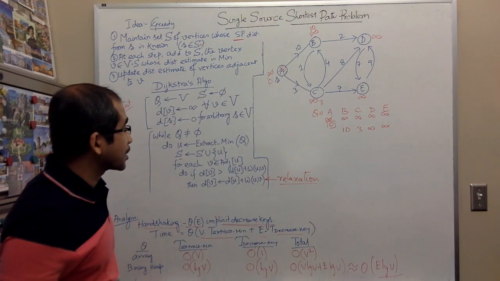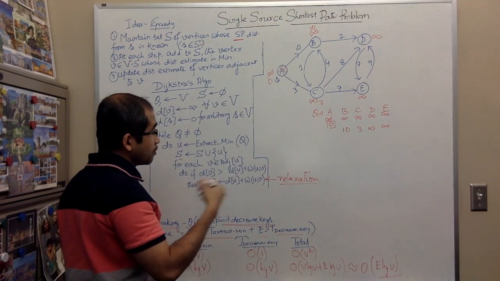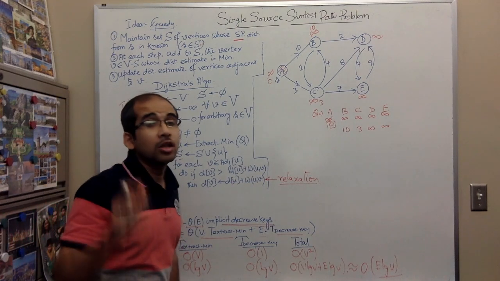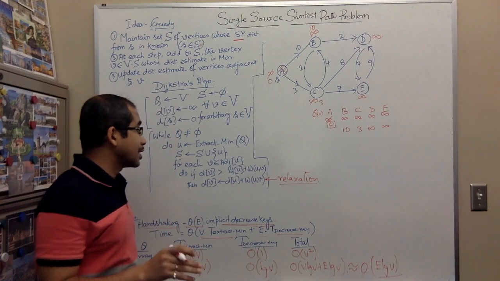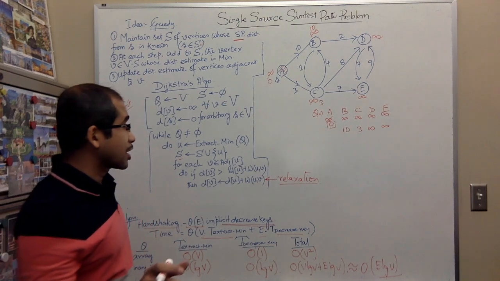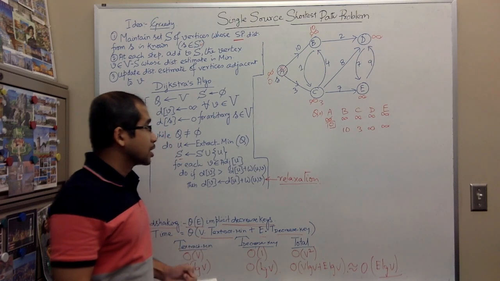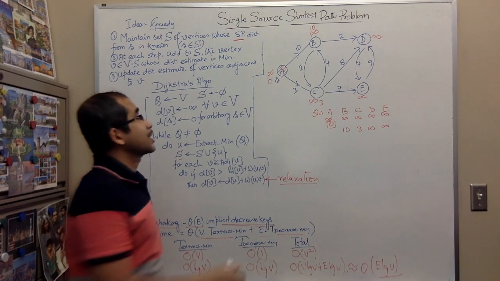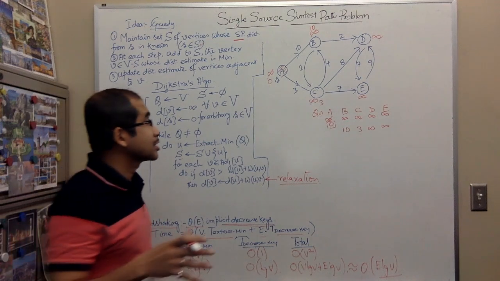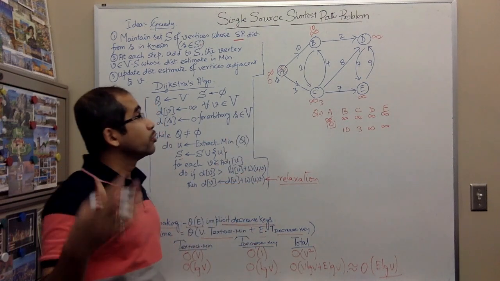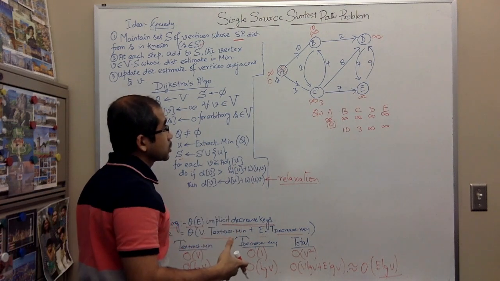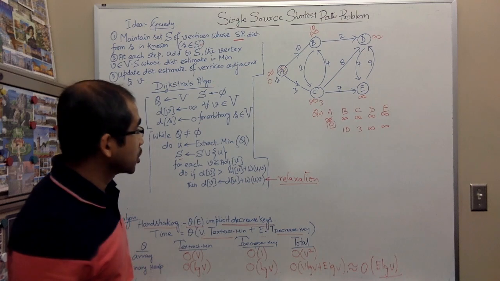So we keep repeatedly doing the edge relaxation, and finally when there is no relaxation possible, we will know that the final distance is actually the shortest path distance for that particular vertex from the source vertex. So relaxation tries to find out all possible paths, adds the distance estimates, and finds out through which path we can reach this vertex with the cheapest cost, and that's why we can do it multiple times until no further reduction is possible.